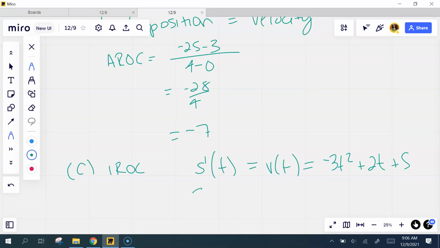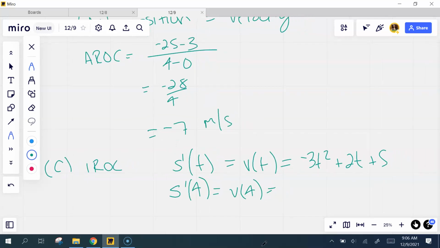So at 4 meters per second. No, you do power rule first. No, wait, what? No. Here I go listening to you again.